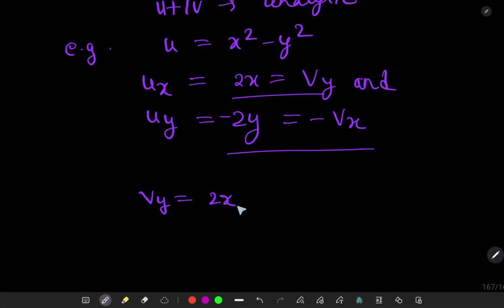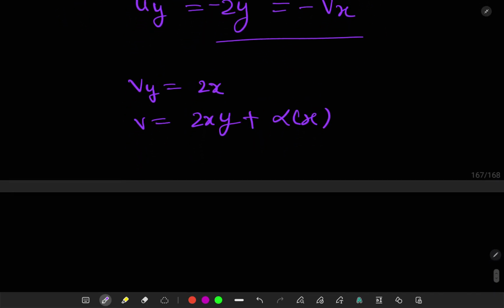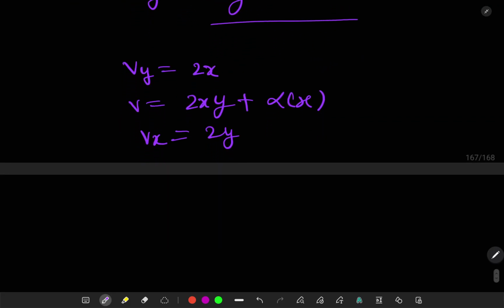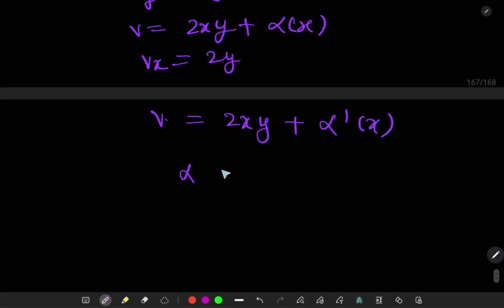Here vy is equal to 2x, on integration we get plus alpha x, where alpha x is some constant. Now integrate vx equals 2y, we get v is equal to 2xy plus alpha dash x, where this is also a constant, and putting alpha equal to 0, we get v is equal to 2xy.